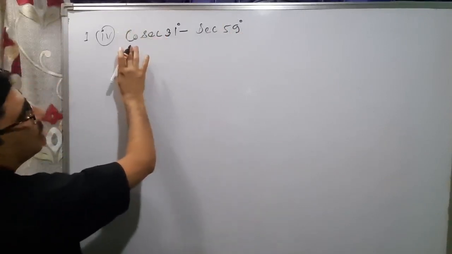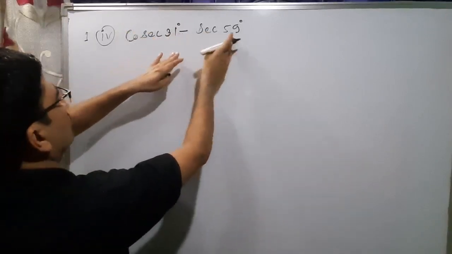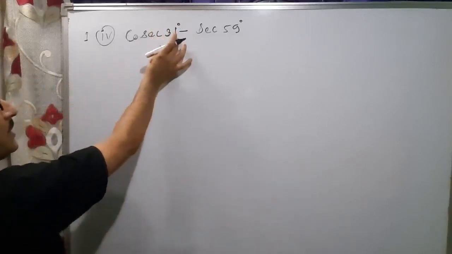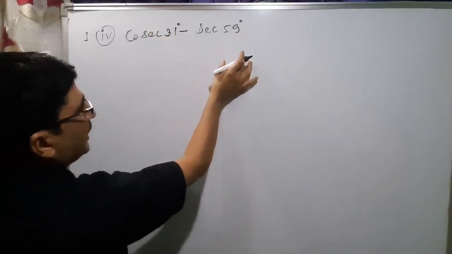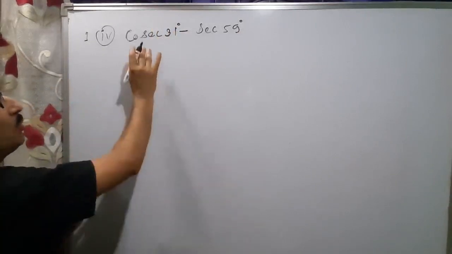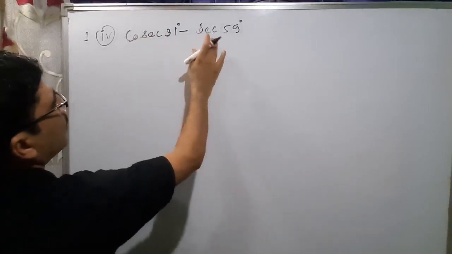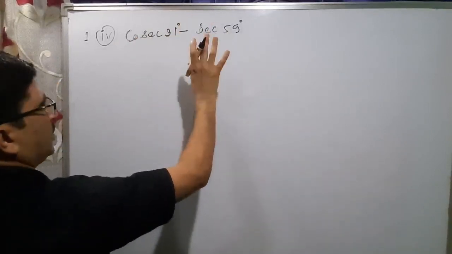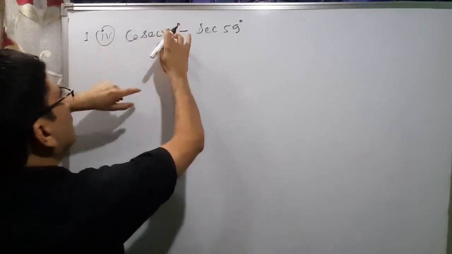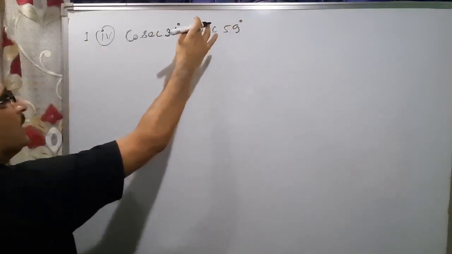Like the previous question, here also either you write this 31 in terms of 90 minus theta, or this 59 in terms of 90 minus theta. We are converting cosec to sec, or sec to cosec.